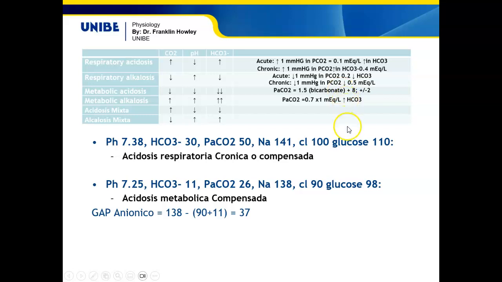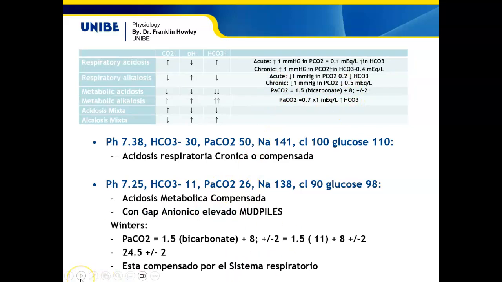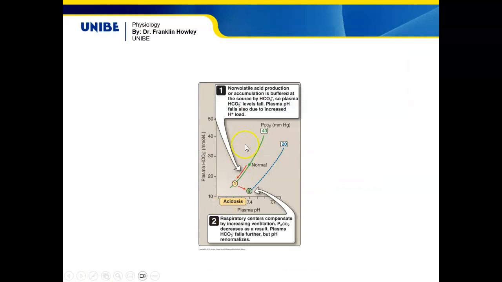So between 22 and 26, that should be the normal CO2 in this patient, which the patient is, so we have a normal compensation from the respiratory system. And here in the graph, we go first from the green dot. Here is normal. The patient is losing bicarbonate because they're gaining acid, so they go from there to 1. And then as the patient is hyperventilating, the CO2 will decrease, and this will take the pH back to normal.